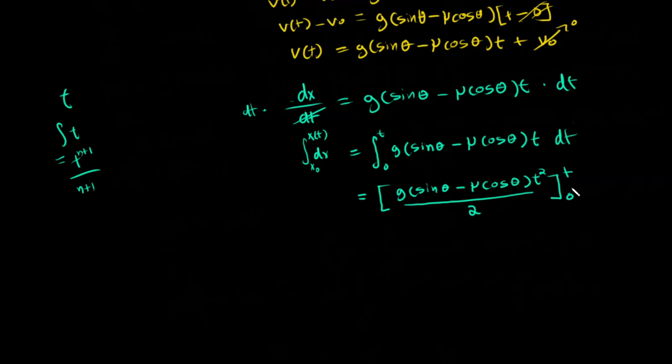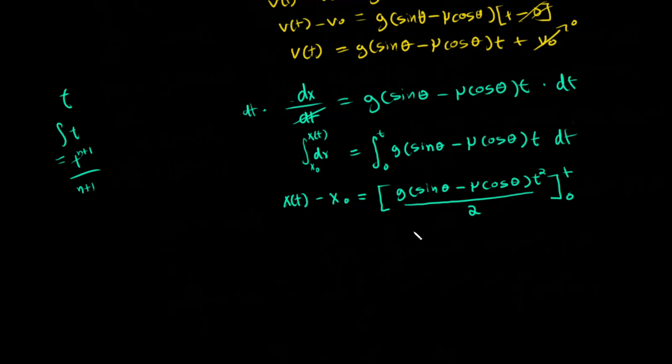We substitute 0 into this entire thing, it turns into 0. So what we're really just left with is what we have going on right here. On this side though, the integral of dx, that's just x. So we sub this in, we have x of t minus x sub o.